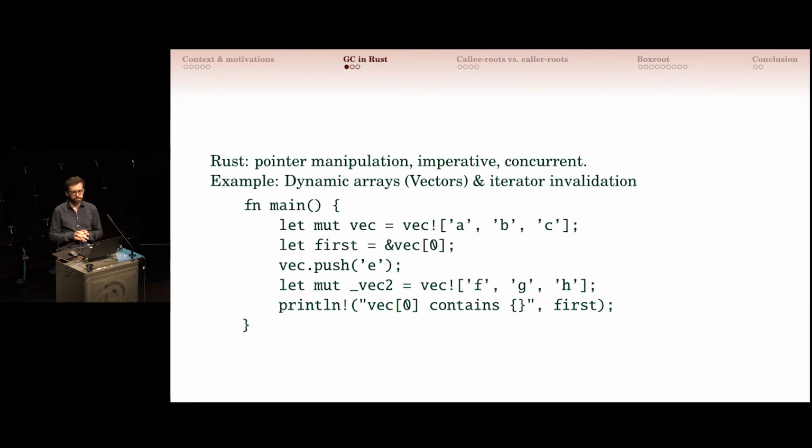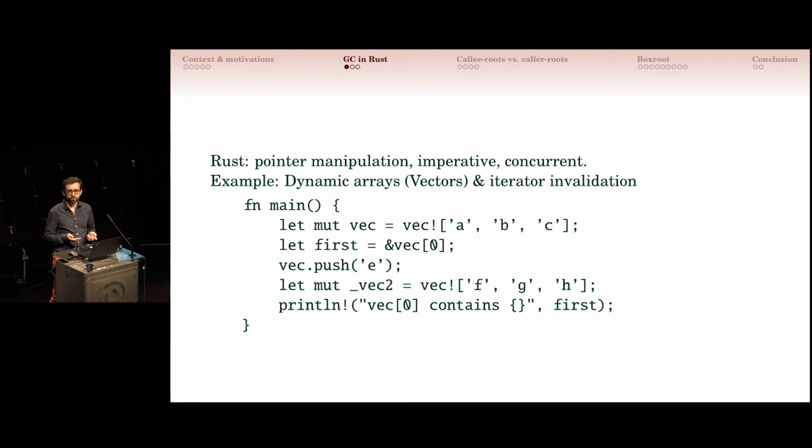And so you can have an iterator invalidation. It means that if you keep a reference to the inside of the vector and you try to use it across an extension of the vector, if you do that in C++, say, it can crash your program or it can do worse things. Rust has a type system that prevents me from doing that.